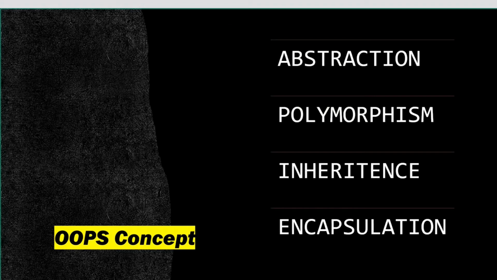Okay, so that is why, apart from making the data, or you can say the variable, private, we use setter and getter methods. The setter and getter methods will be public, and the variable will be private.